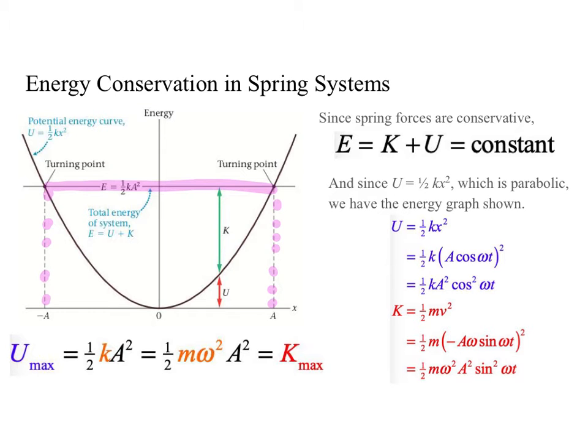Of course, at the maximum, at the turning points, there's no kinetic energy, so it's just spring energy. Since we know the spring energy is a half k x squared, and at the turning point we're at the amplitude, the total energy, which must equal that maximum potential energy, is a half k A squared.